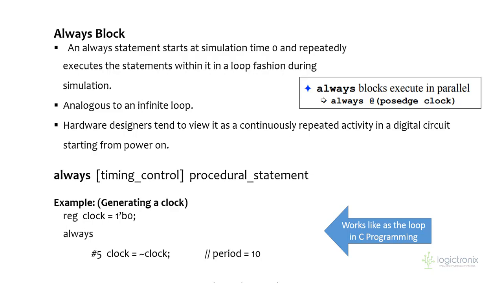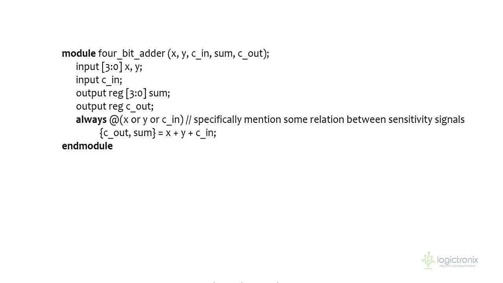Here we have always @ with x or y or c in in brackets. So x or y or c in are the sensitivity list. If x or y or c in changes, the overall operation result will change. When these change, the always block performs the operations again. This signifies the sensitivity list.